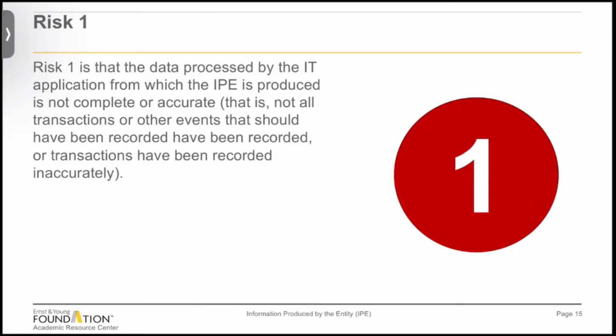First risk: this is the risk that the IT application is not processing data correctly, so the data is incomplete or inaccurate. That is, not all transactions or other events that should have been recorded were recorded, or transactions may have been recorded inaccurately.